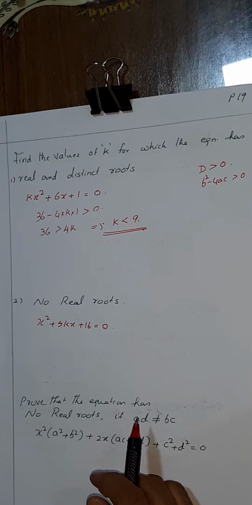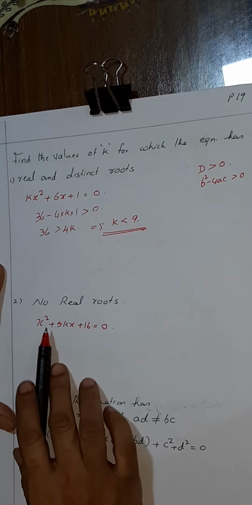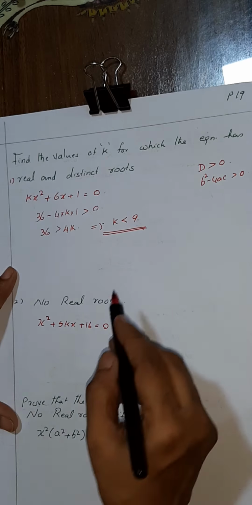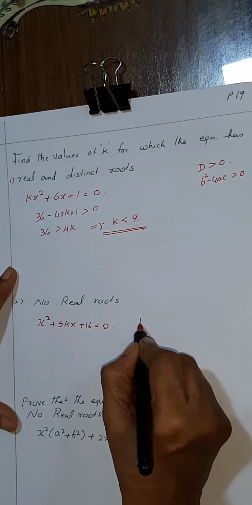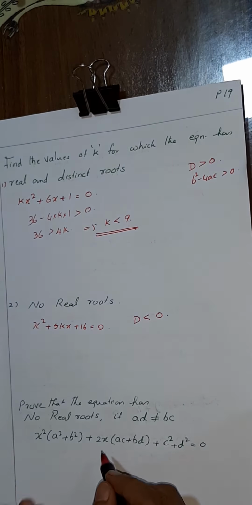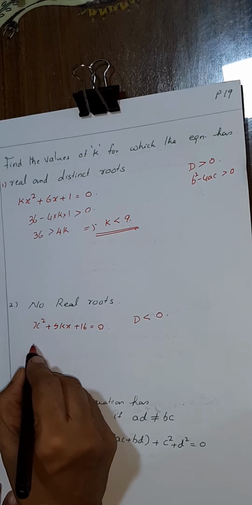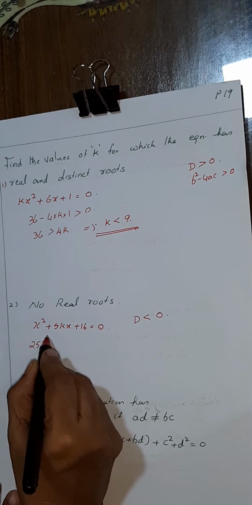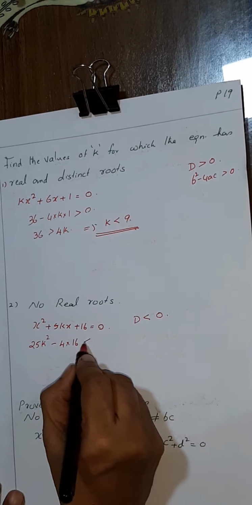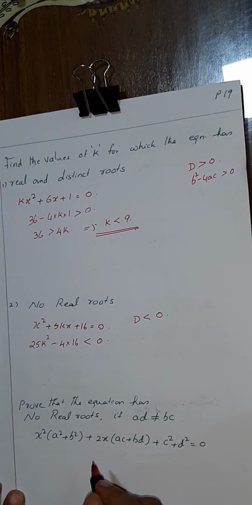Now here it is given the equation does not have real roots, then D has to be less than 0. So b squared minus 4ac is 25k squared minus 4 into 16 is less than 0.